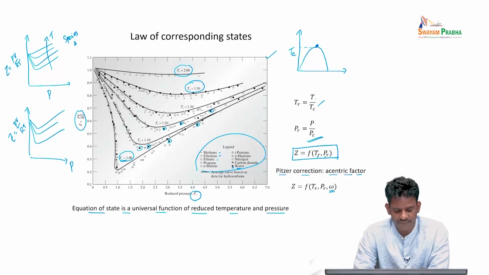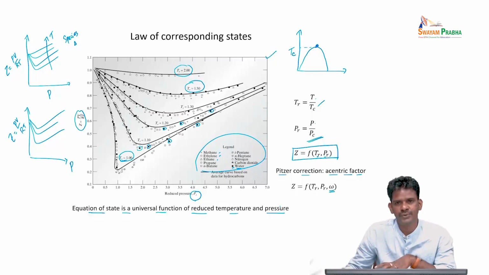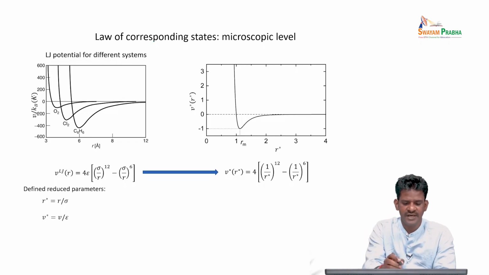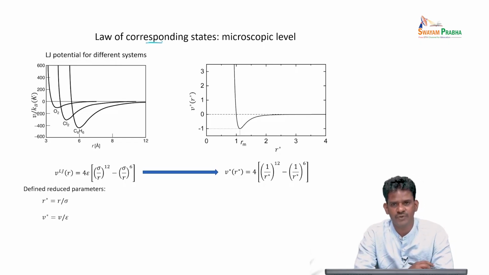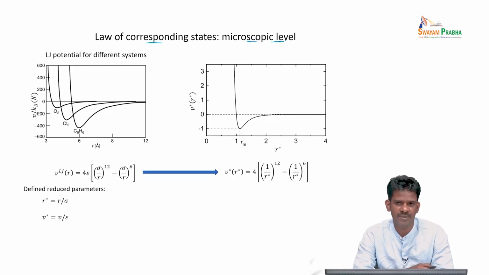We do this routinely in thermodynamics by developing equations of state in a reduced set of parameters. What we have been able to do in classical thermodynamics for macroscopic properties, we could also do in a similar way for intermolecular potentials. The law of corresponding states is not only limited to macroscopic systems, but is also applicable at the microscopic level, by which I mean the atomistic and molecular level as well.